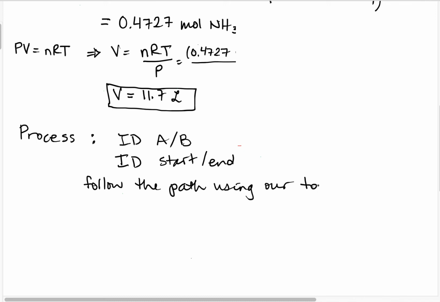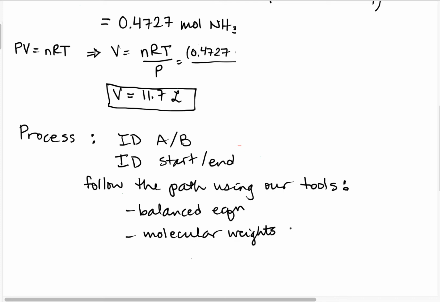And the tools that we have available to us are the balanced equation, any molecular weights for the compounds that we need, and in that case we might also use grams of a material.